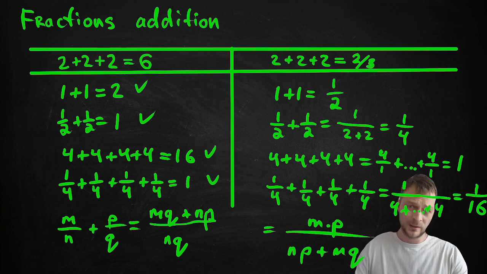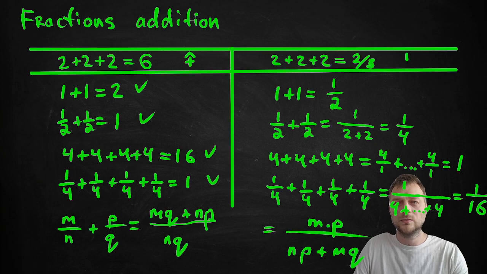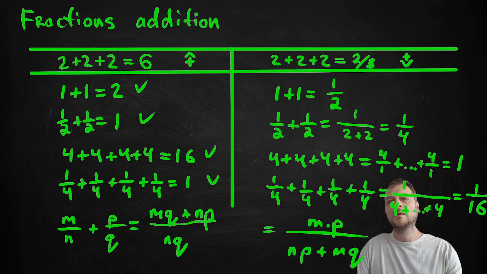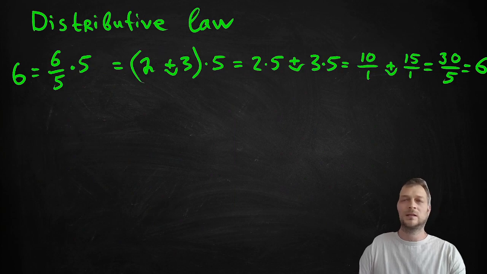Here I will use plus with a hat on top, our regular plus operation. On the right I will use plus with a hat on the bottom, like this. It will be a plus operation that follows these rules on the right hand side. With this, let's proceed to the next slide.